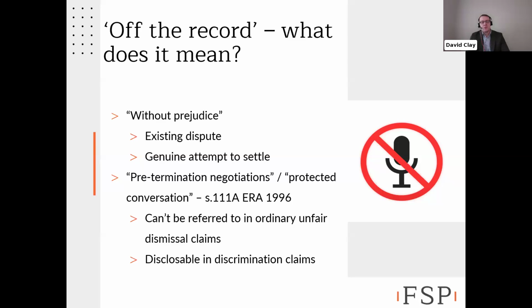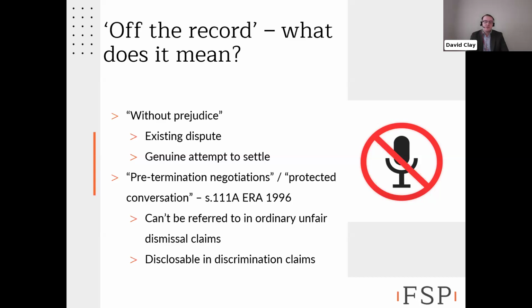So, whether you're having a discussion under the without prejudice rule or as a pre-termination negotiation, it's important to conduct these discussions almost as if you're going to end up with those discussions disclosed anyway, on the basis that you want to be confident that you're not saying anything which might reflect badly on you in the event that it was brought to the attention of the tribunal in due course.